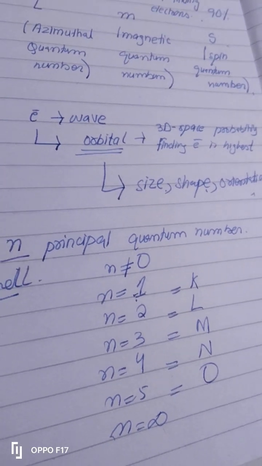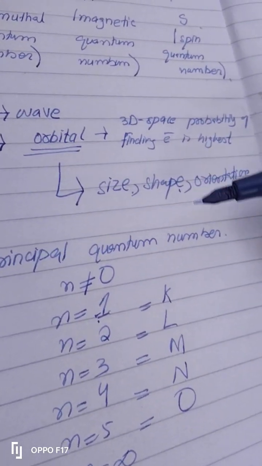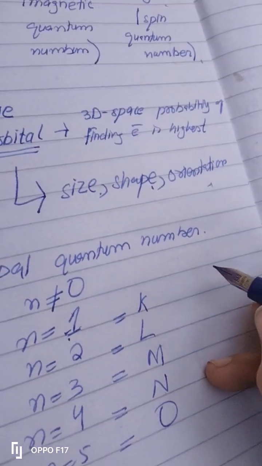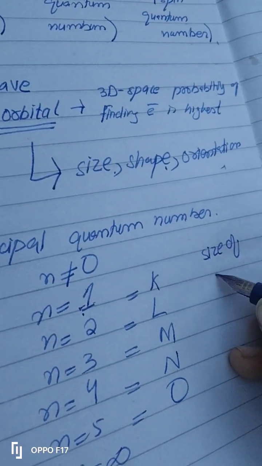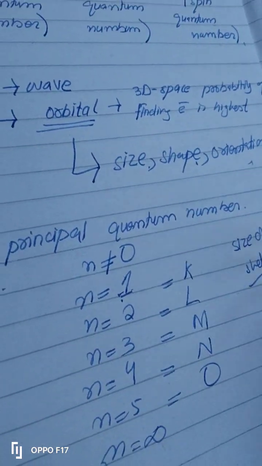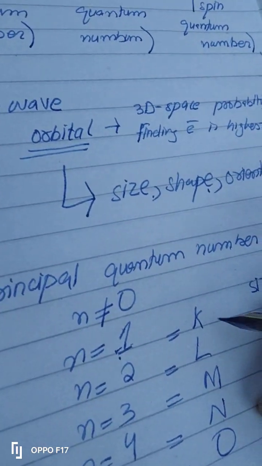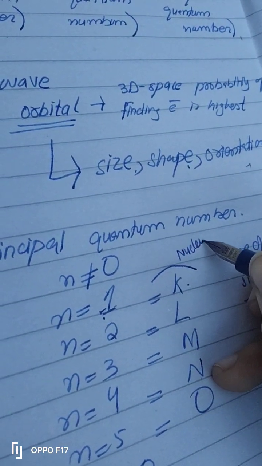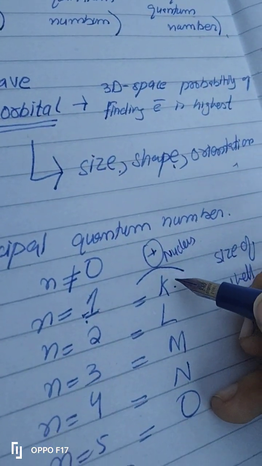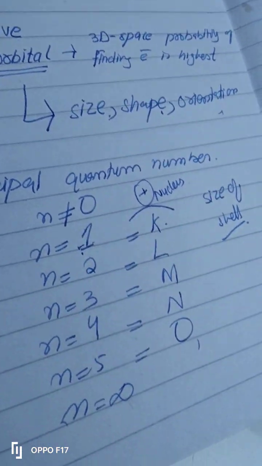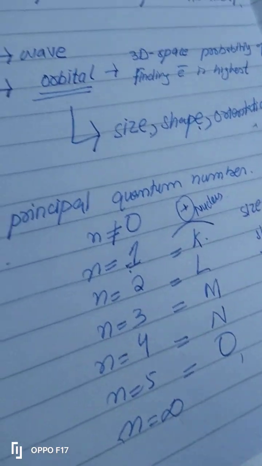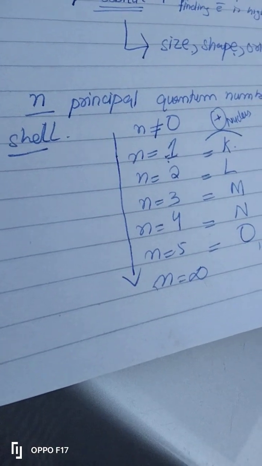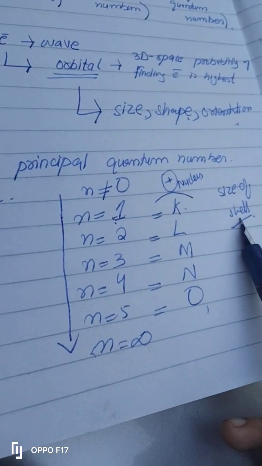But what does the principal quantum number actually tell you? It tells you about the size of the shell. K is near the nucleus, but as you go away from the nucleus, the size of the shell increases.